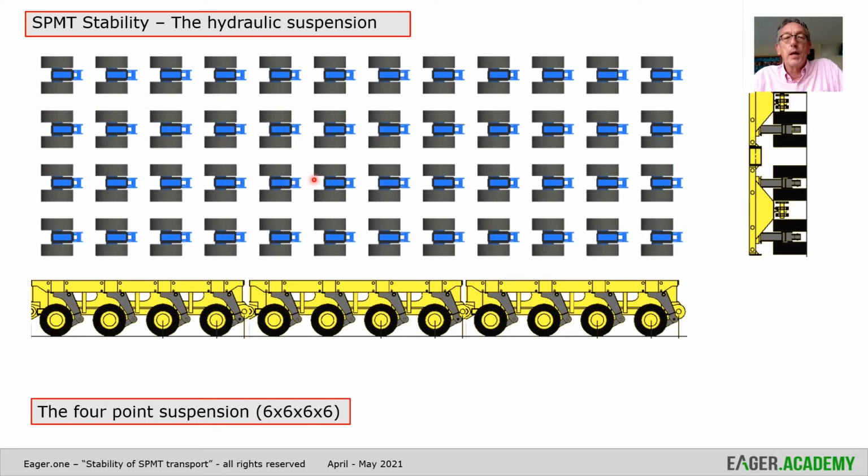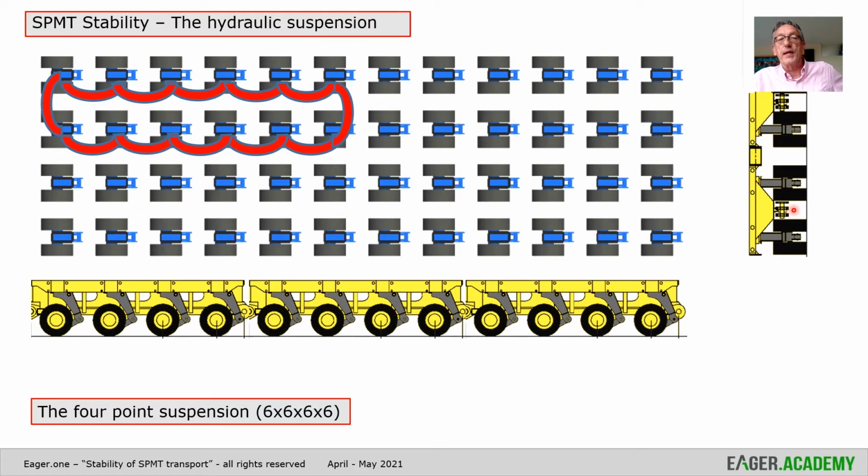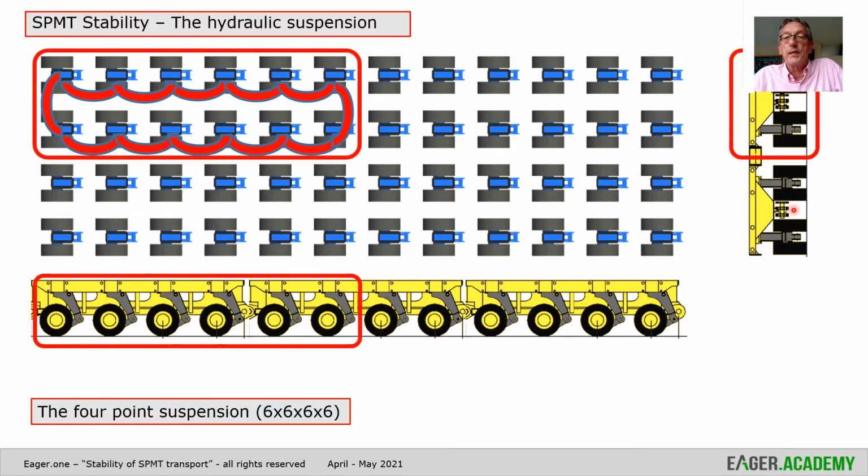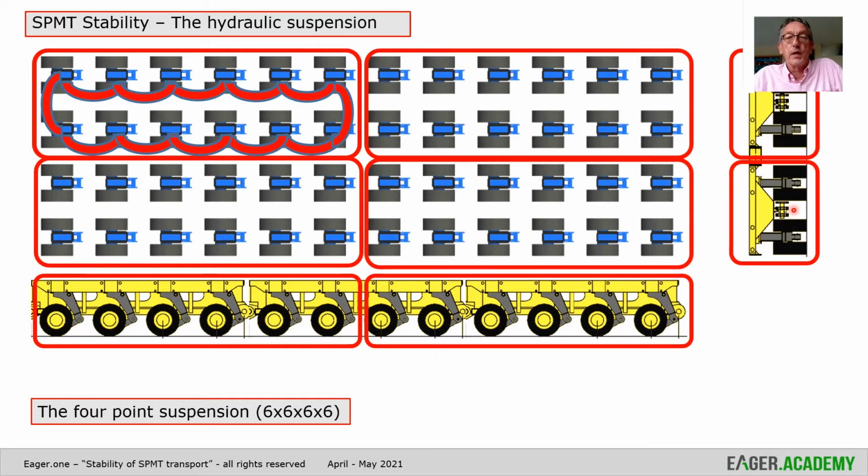Okay, we are back to the 12 axle lines SPMT again, and we now do exactly the same, but instead of connecting 3 beds of 16 axles, we now take a total of 4 beds of 12 axle lines.